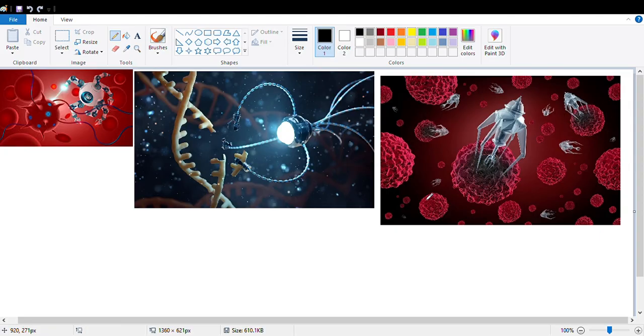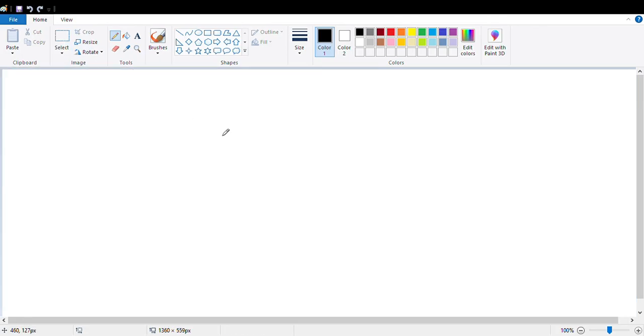If you want an example of current-time nanorobotics, I have one for you, which is Neuralink. As you know, Elon Musk's company Neuralink has invented a Neuralink chip, and that chip can be fitted into the human brain.